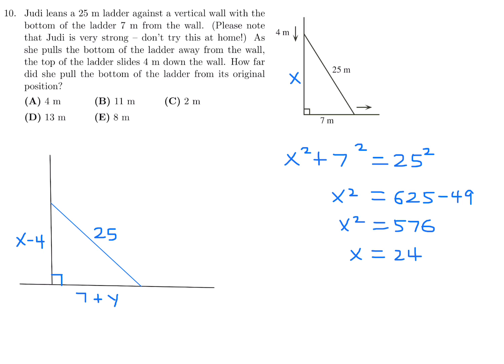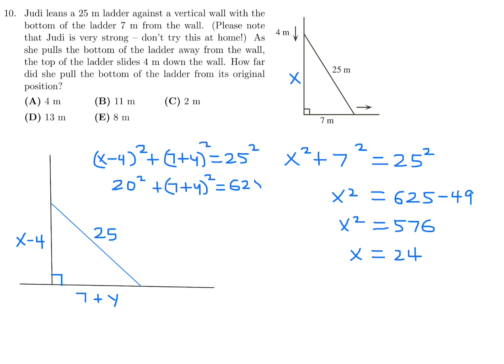And then we do the same thing over here with Pythagoras, so it'll be (x minus 4) squared plus (7 plus y) squared is equal to 25 squared. So x is 24, so x minus 4 is 20, so we got 20 squared plus (7 plus y) squared is 25 squared, which is 625.